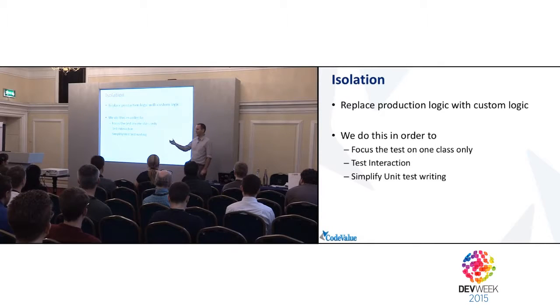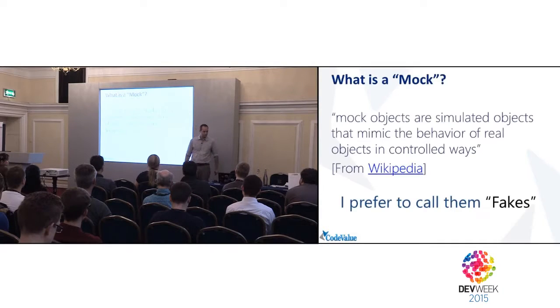Test that email sent was called, not test the state of the object. Other than that, it helps me focus my test and makes it easier to build my test. I don't need to initialize a bunch of things just to get a simple thing to run. And it makes my life a lot easier as long as I'm willing to use those fake objects.